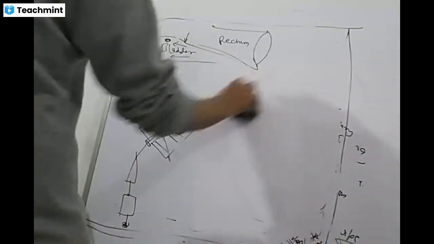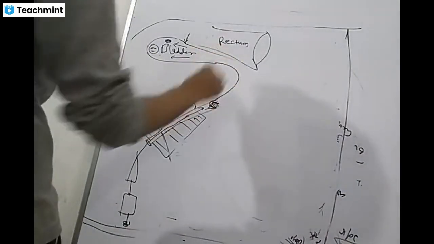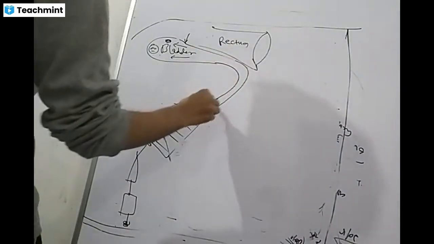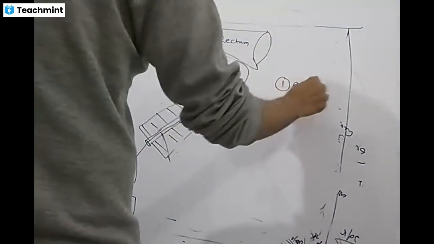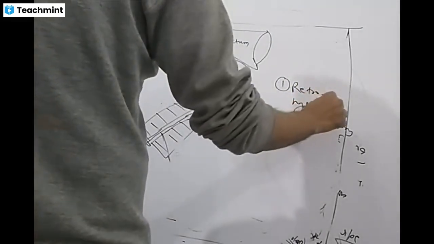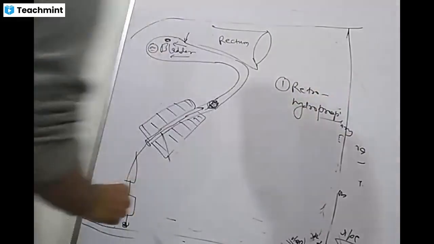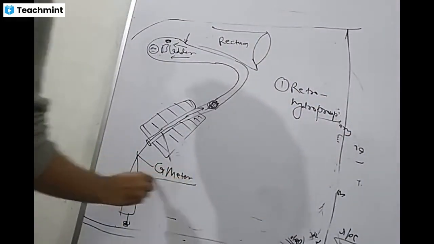Suppose there is only one stone at this place, and we'll go for the retrohydropropulsion. This is the catheter.